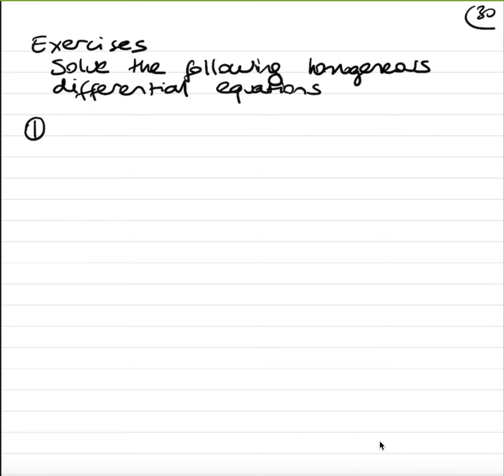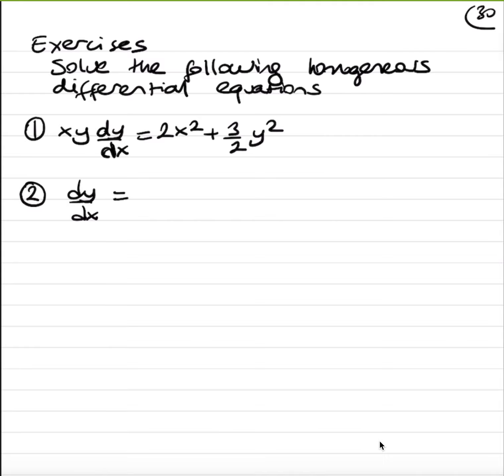First one is xy dy over dx is equal to 2x squared plus 3 over 2 y squared, and dy over dx is equal to y squared plus 2xy over x squared.